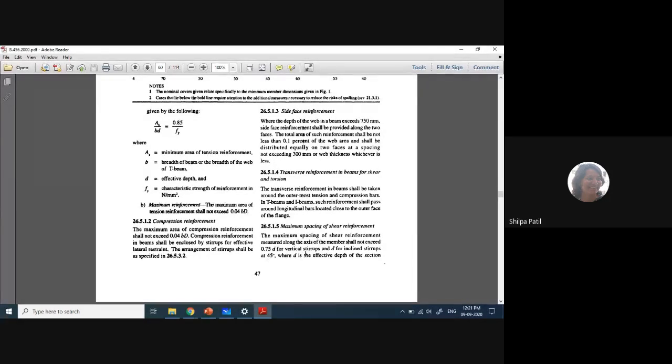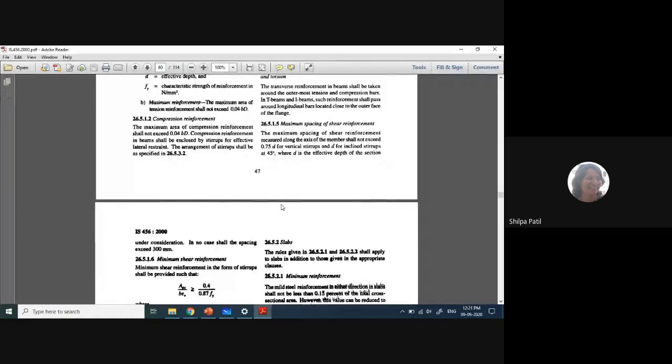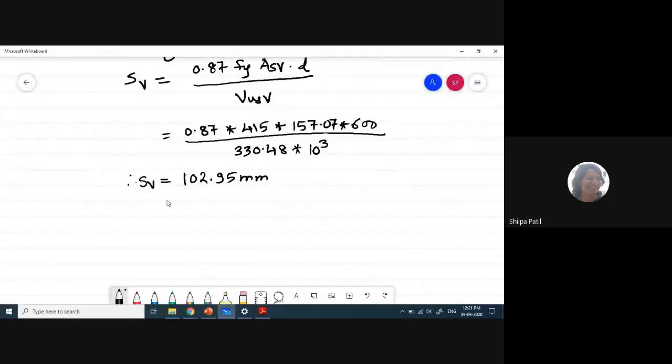So this is the first criteria. And second criteria, in no case shall the spacing exceed 300 mm. So the limitation is Sv value should be less than first 0.75 d and second 300 mm, whichever is less.